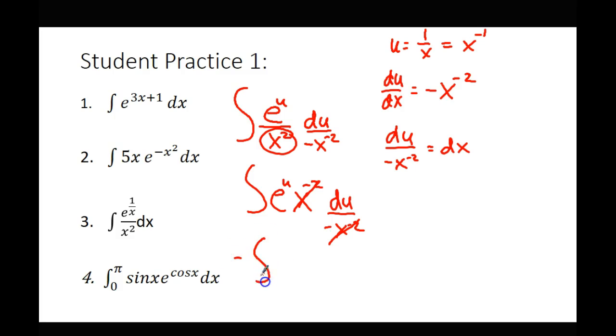So we have negative e to the u du, which means that it's going to come out to be negative e to the u plus c, which means if we replace the u, we get negative e to the 1 over x plus c.